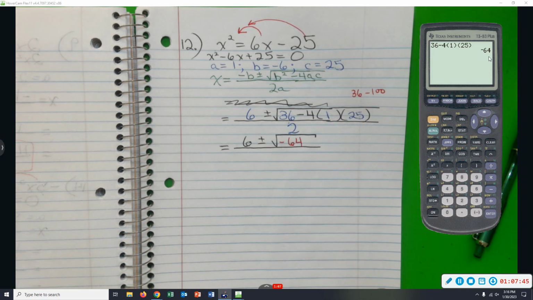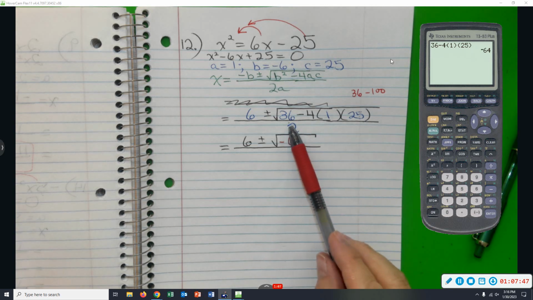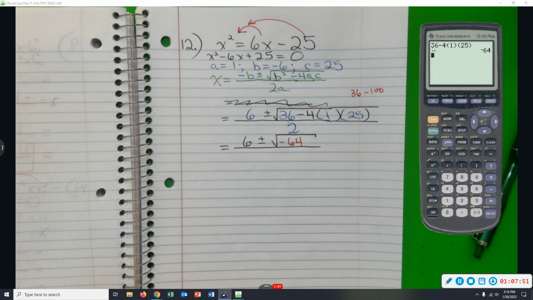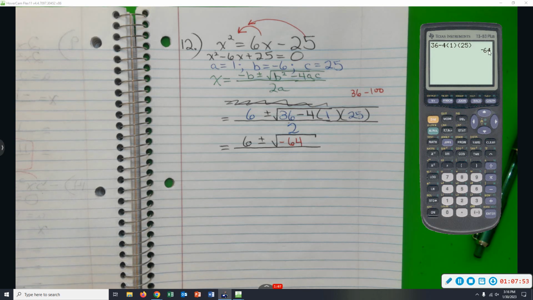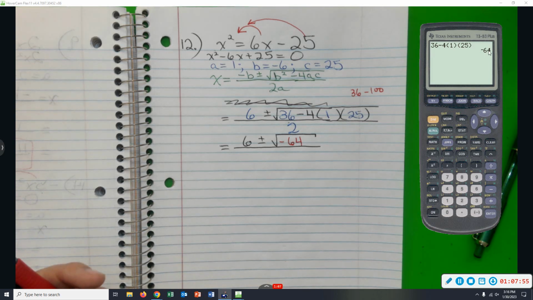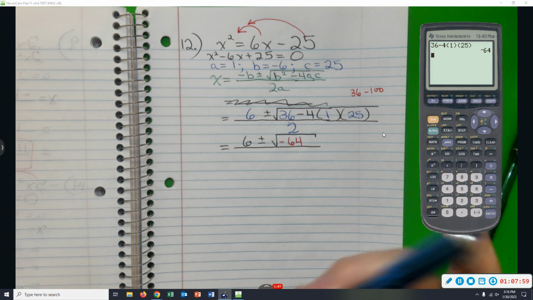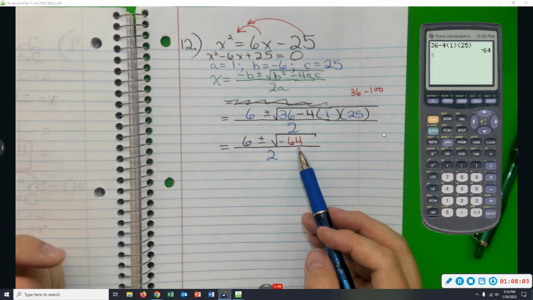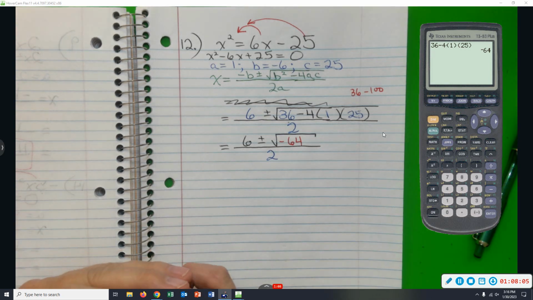Or you can punch it into your calculator. And the denominator is still just a 2. The square root of negative 64.